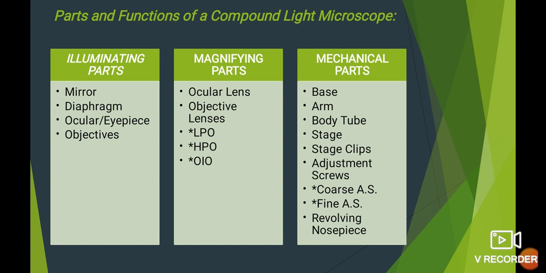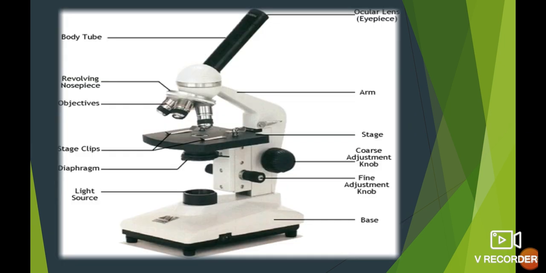So we have here an illustration of a compound microscope, but take note, microscopes have different types. We are focusing on the simple one, the compound type, the type of microscope commonly used in school laboratories. Again, we have the illuminating parts. As I've said, we have the mirror or the light source.